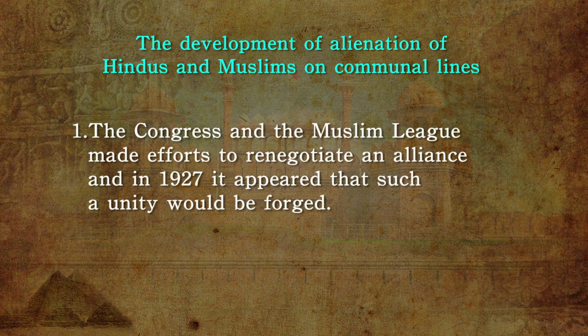The Congress and the Muslim League made efforts to renegotiate an alliance, and in 1927 it appeared that such a unity would be forged. The important differences were over the question of representation in the future assemblies that were to be elected.